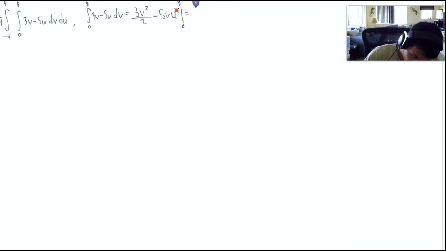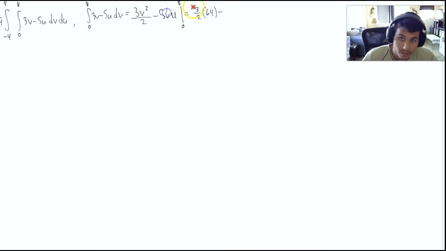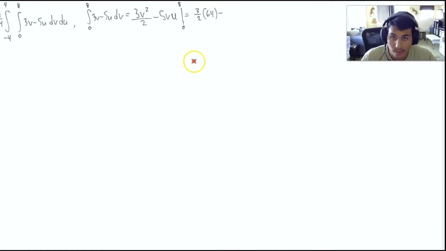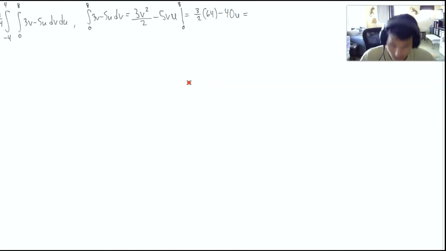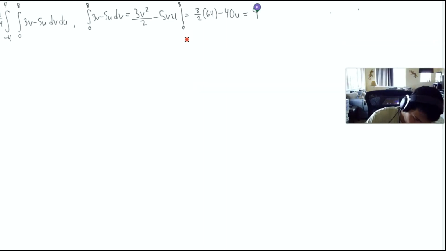So 3/2, 8 squared, because v will become 8. 64 minus, and then 5 times v is 40u. What does this turn into? Well, we can first think about 64 divided by 2, which is 32. 32 times 3 is 96, right? So we get 96 minus 40u.